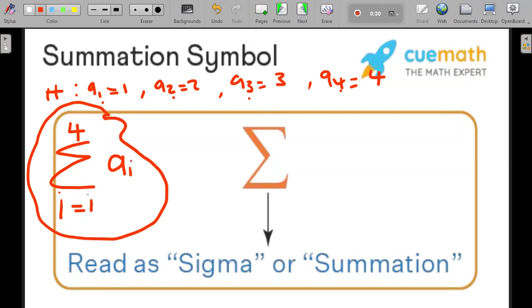This simply means we are adding the values of this variable from 1 all the way up to 4. So it means the summation of A_i from 1 to 4 will just be A1, A2, A3, A4. You are going to get 10 as your answer.